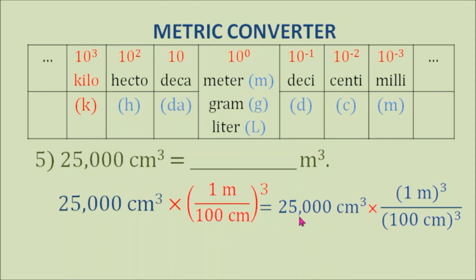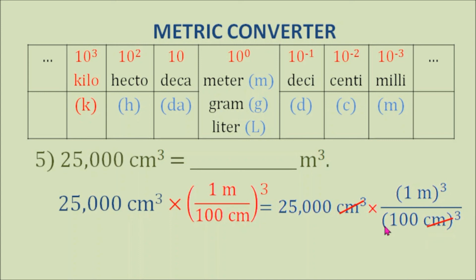So this exponent 3 is for both the numerator and the denominator. So we have 25,000 centimeters cubed times 1 meter cubed over 100 centimeters cubed. So centimeter cubed cancels out. So that means 25,000 times 1 meter cubed divided by 100 cubed.